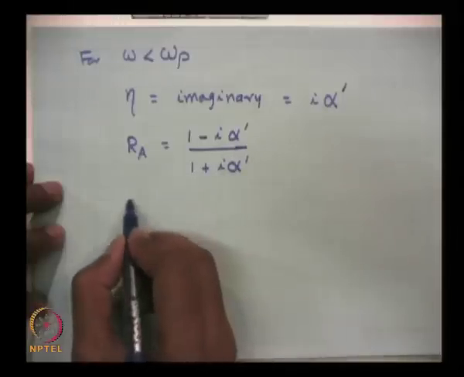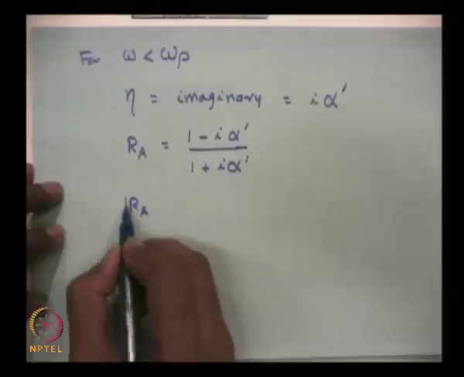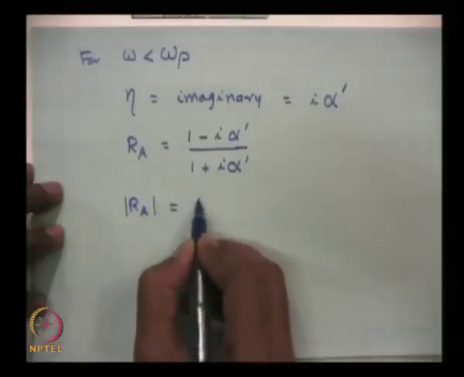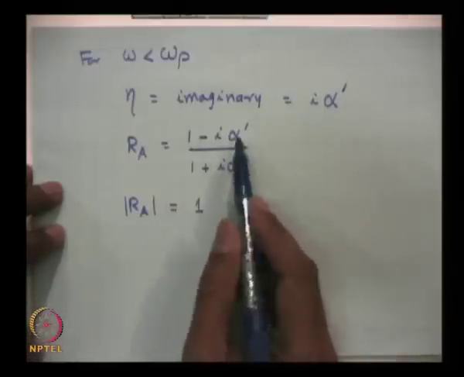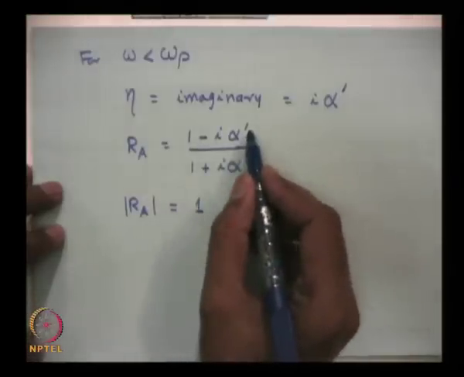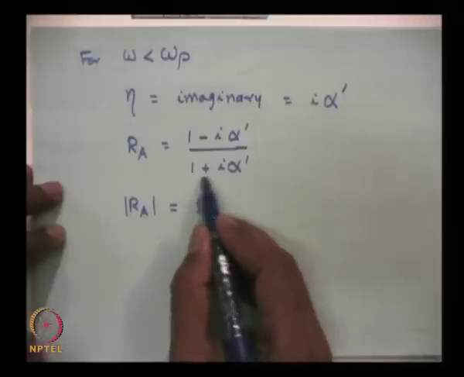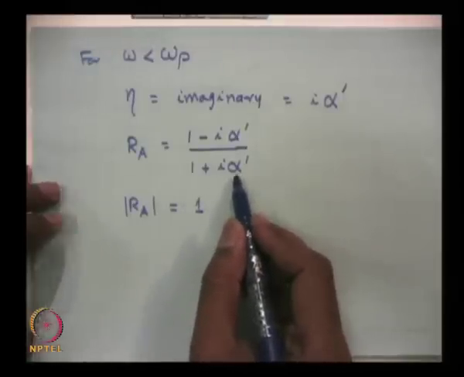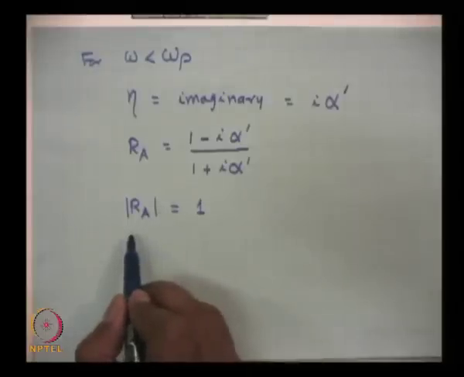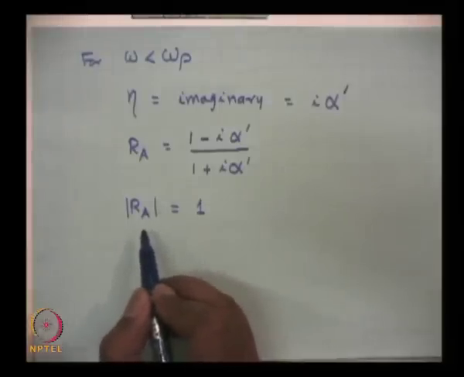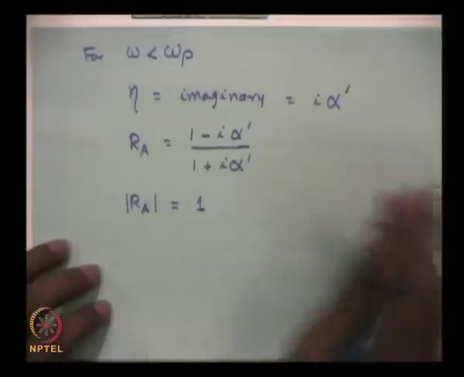So, modulus of this quantity will be 1. Take modulus, which is 1 plus alpha prime square under root. Denominator will also have the same magnitude, they will be unity. So, there is 100% reflection, but there is a phase change on reflection.